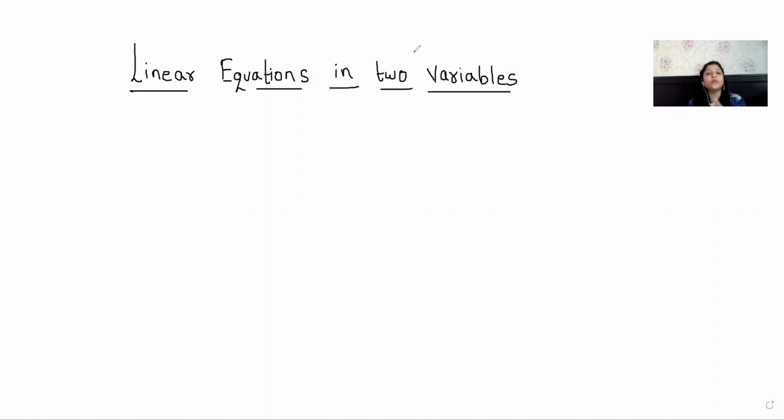Equations of degree 1 having two different variables are called linear equations in two variables. The variables can be x, y, m, n, p, q, and the highest power of the variable should be 1.